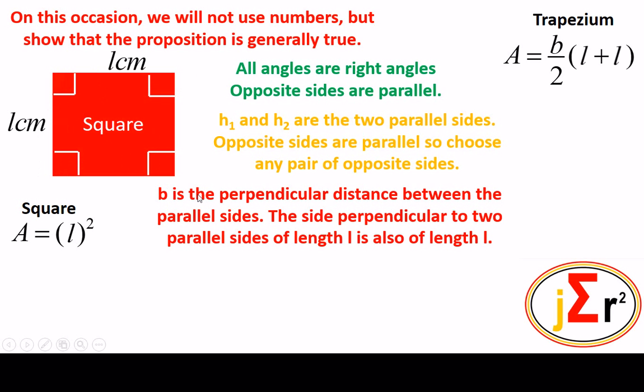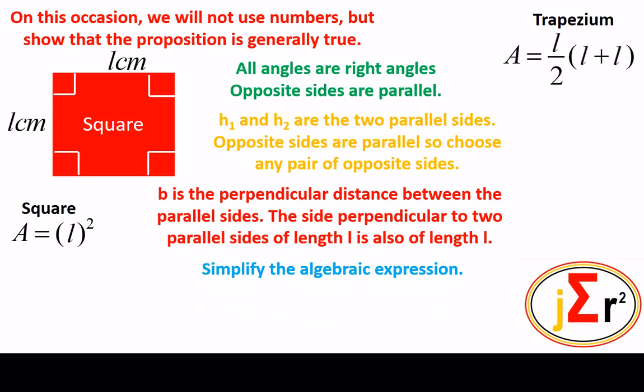They are right angles. The sides are perpendicular. L goes there, the perpendicular distance between the two sides that we have chosen as our parallel sides.